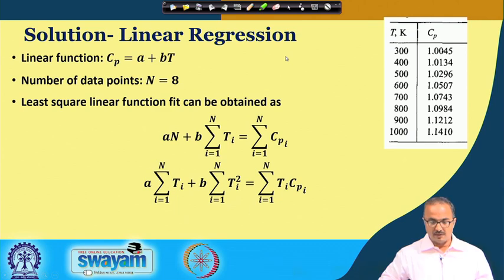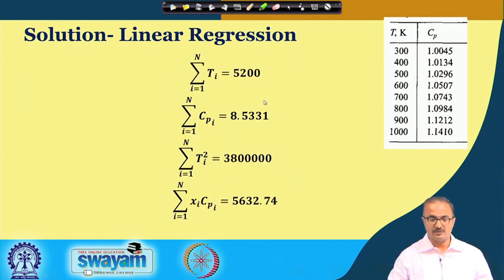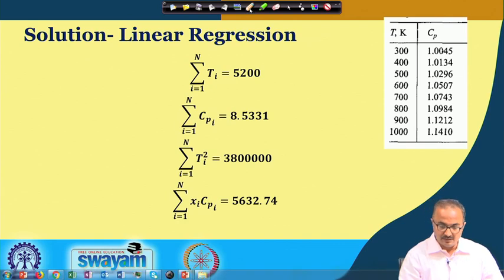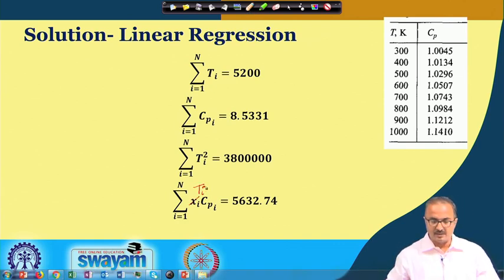After understanding this, we get all these values of the summations of temperature, the specific heat, the square of the temperature, and the summation of the products Ti into Cpi.